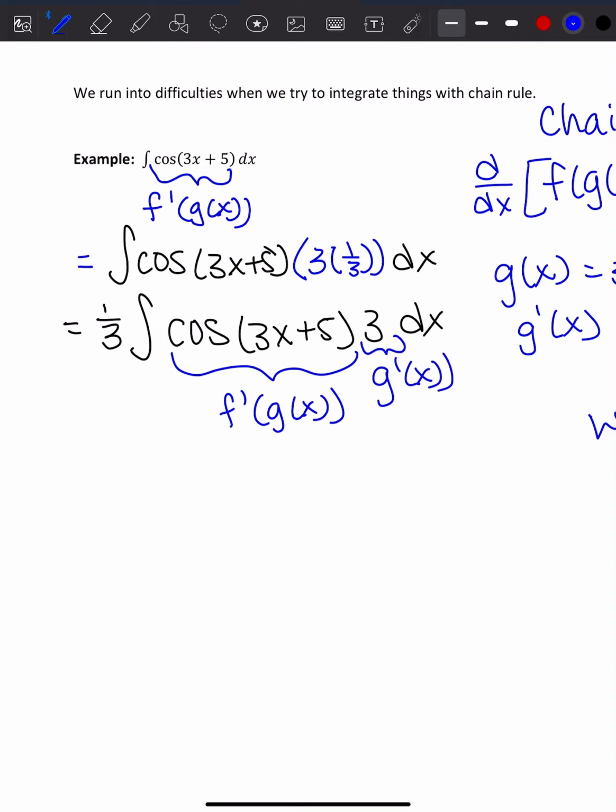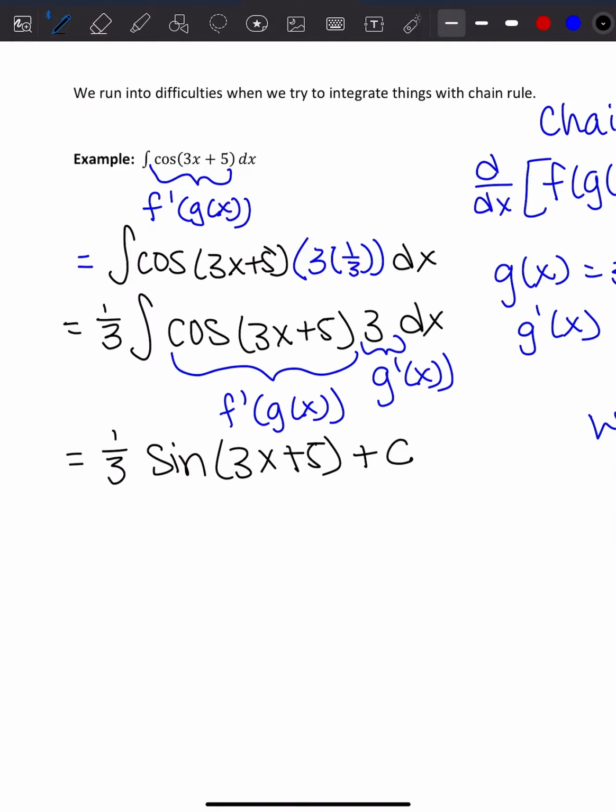So now we can kind of ignore the g prime of x, and we just really need to take the antiderivative of cosine. So I have 1/3. The antiderivative of cosine is sine of 3x plus 5, because that g of x still needs to be inside, plus c.